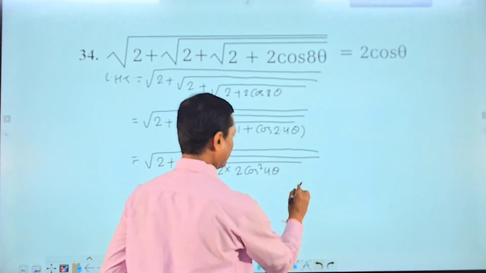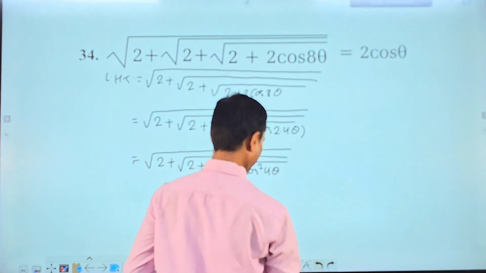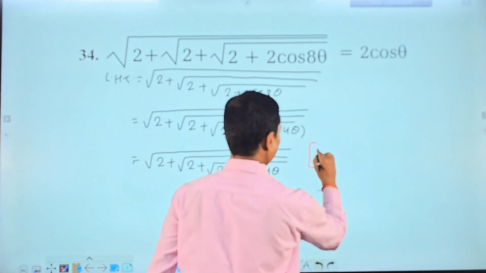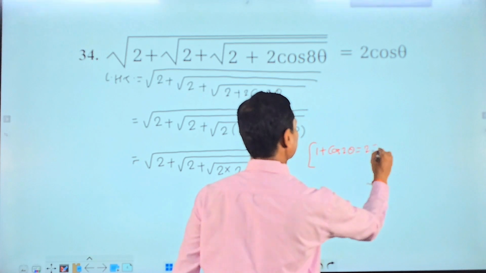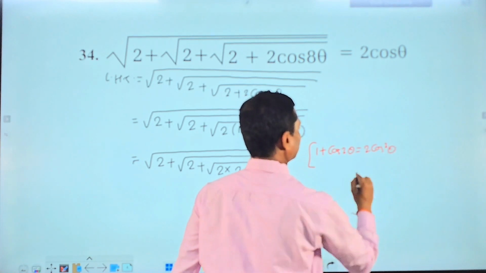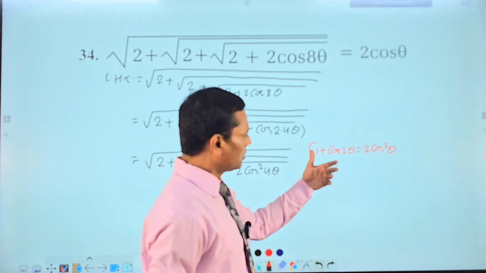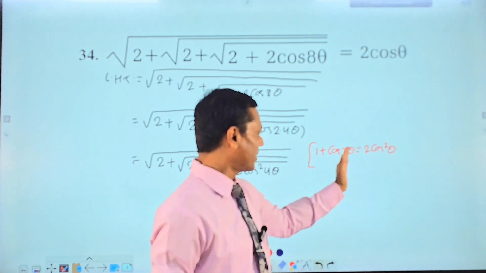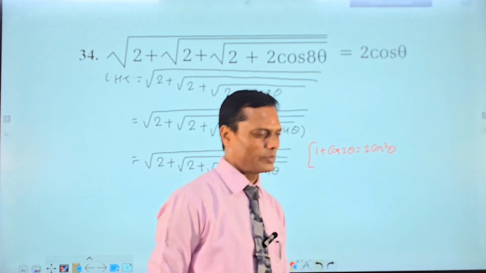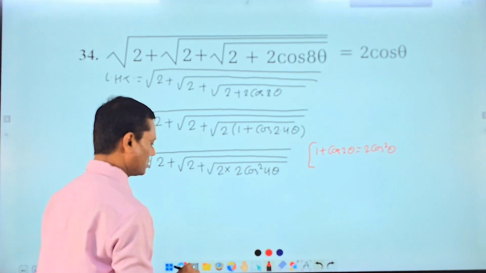Not to forget that. See carefully. 1 plus cos 2 theta equals 2 cos square theta. How? It's very simple: cos 2 theta equals 2 cos square theta minus 1, plus 1 will cancel, 2 cos square theta will remain. It's not so hard.